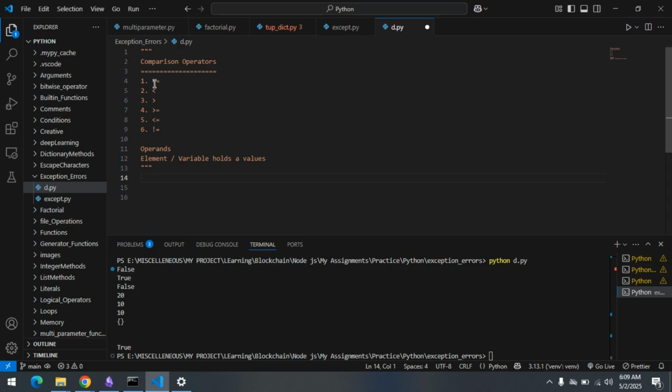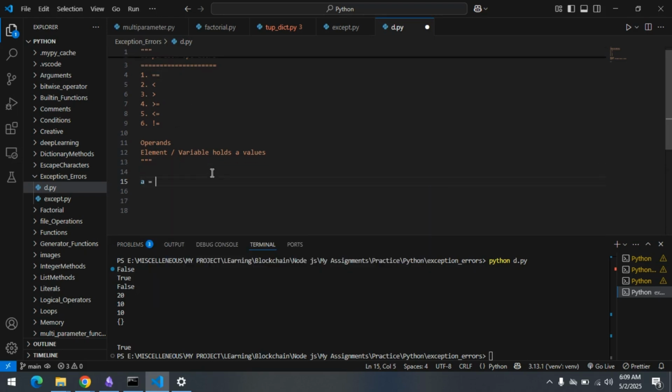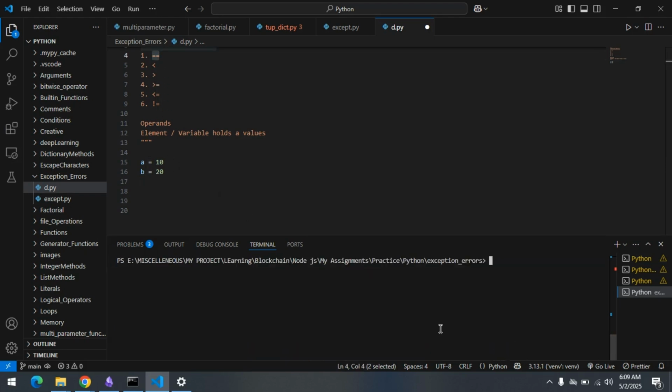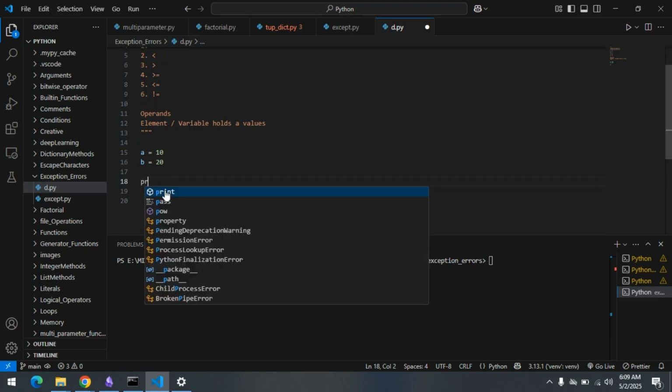So let's check the first one, and let's define a variable a = 10 and b = 20, and then we're going to use these two symbols, the equal sign.